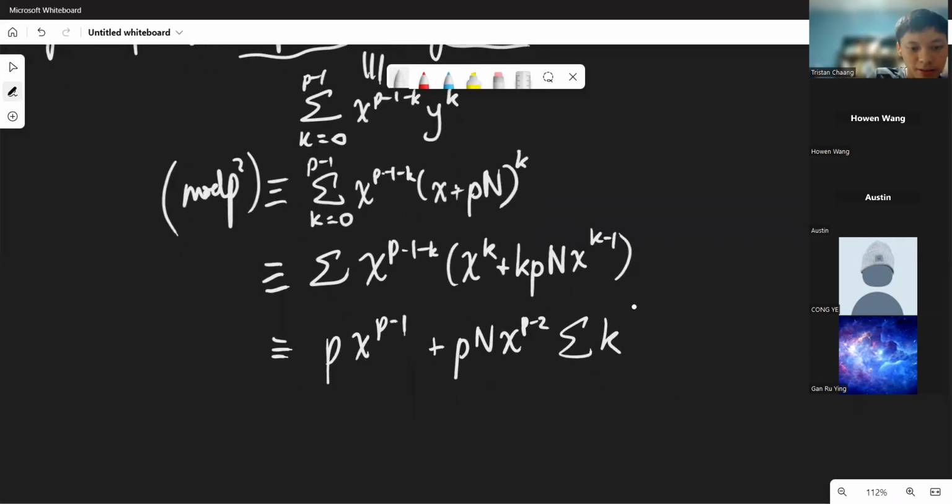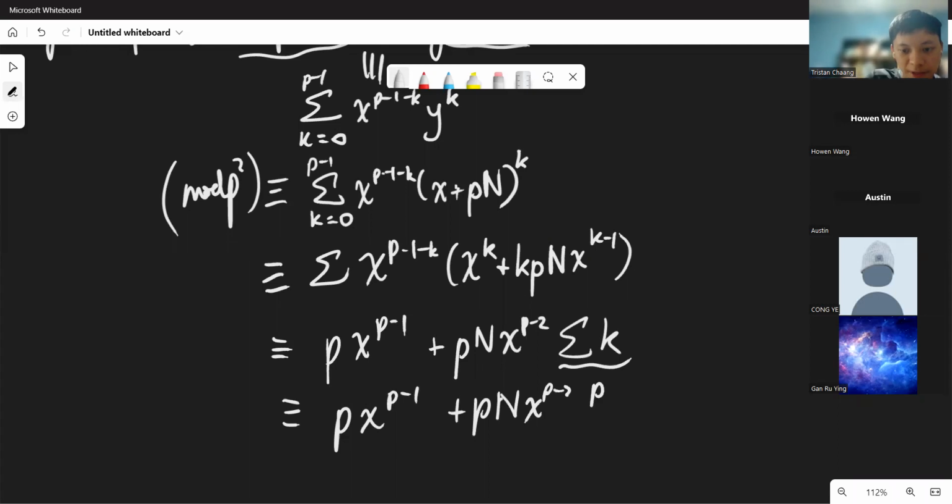Okay, now let's just simplify this. This thing, it's quite obvious, right? So this is just p n x to the p minus 2 times p times p minus 1 over 2, just the usual 1 plus 2 plus 3 thing.